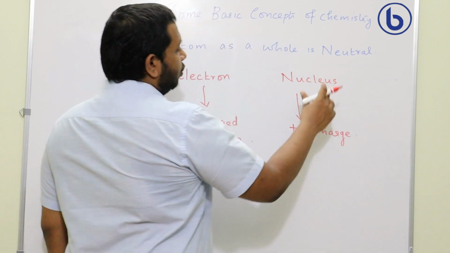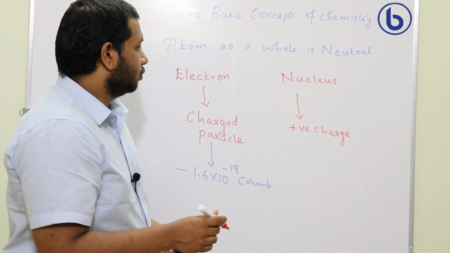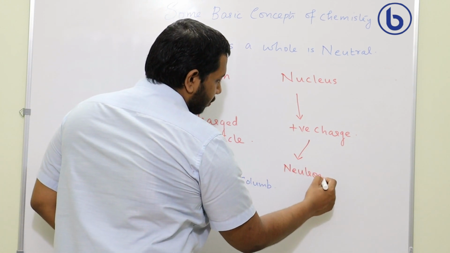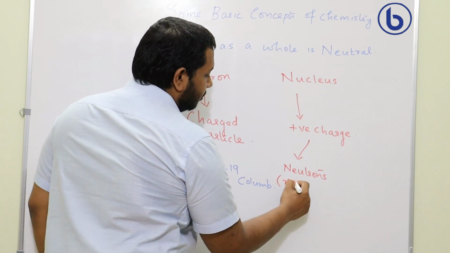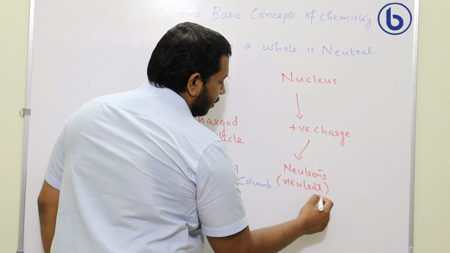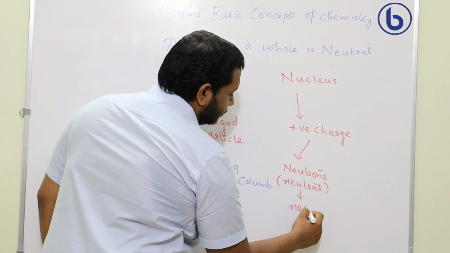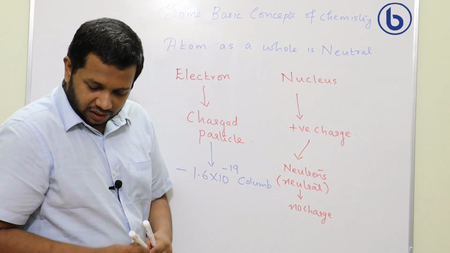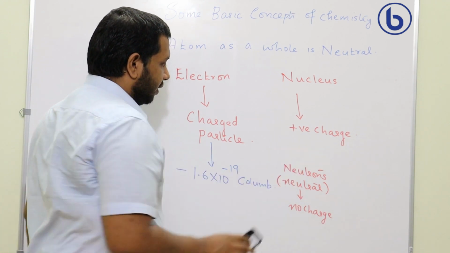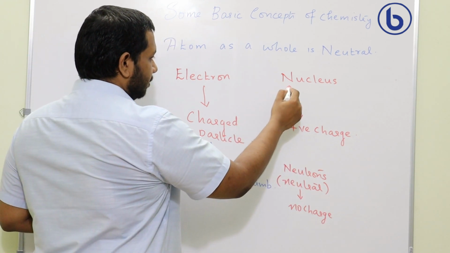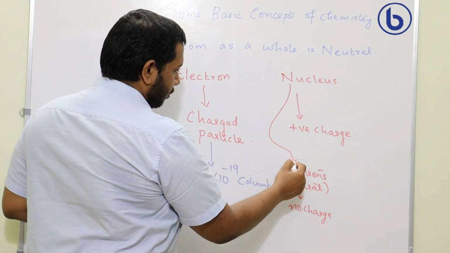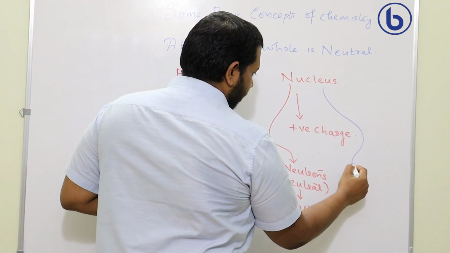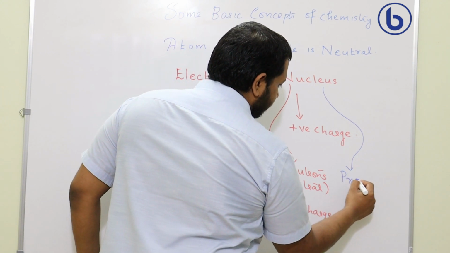So we know that the nucleus consists of two things, correct? One is called neutrons, and this is, as the term means, neutral, that is no charge. Then who holds the positive charge? The nucleus has neutrons, and the nucleus also has something called protons.